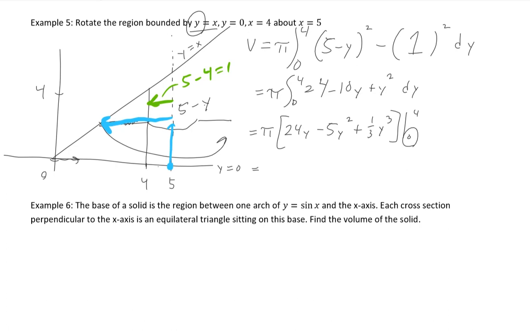0, again, into a polynomial is not going to do anything, so we really just need to concern ourselves with the number 4. If we plug in 4 into here, we get 24 times 4, which is 4 less than 100, which is 96. 4 into y squared gives me 16 times 5, which gives me 80. And then 4 cubed is 64, so that's plus 64 thirds.